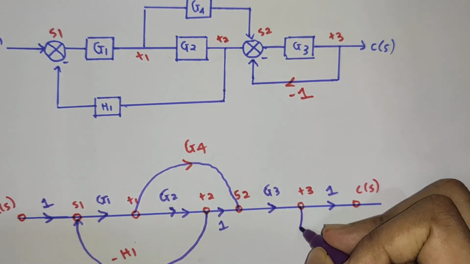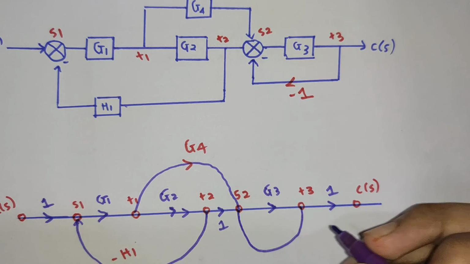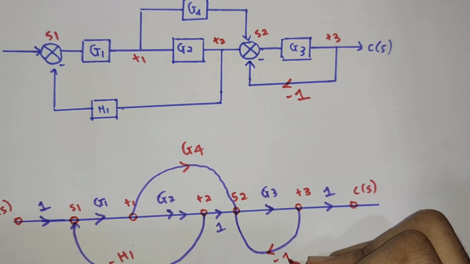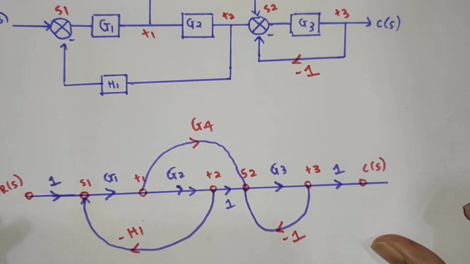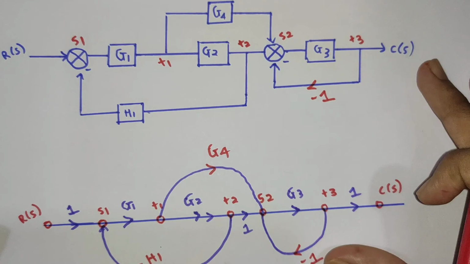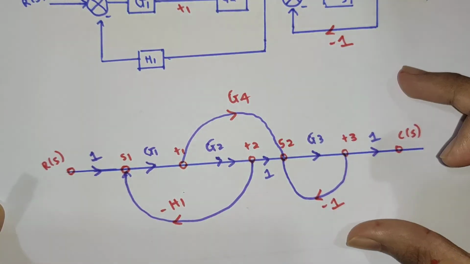So I'm going to draw from T3 to S2, and its value is going to be minus 1. So we have converted this block diagram into a signal flow graph.